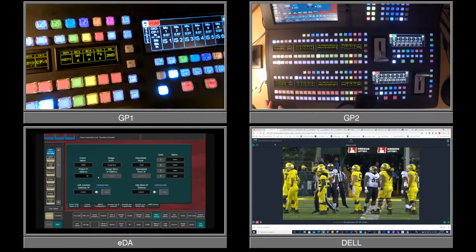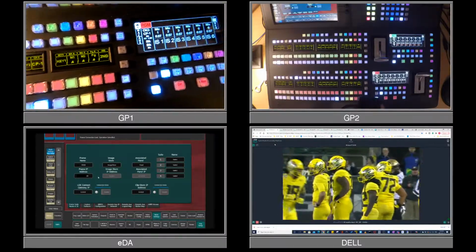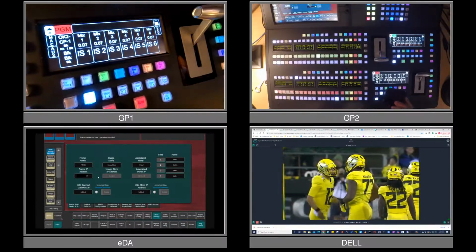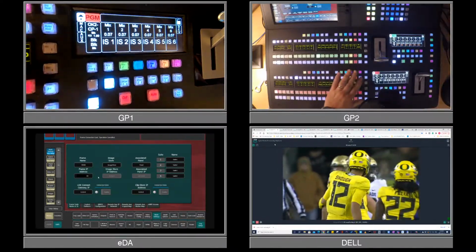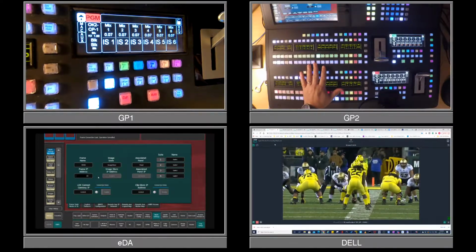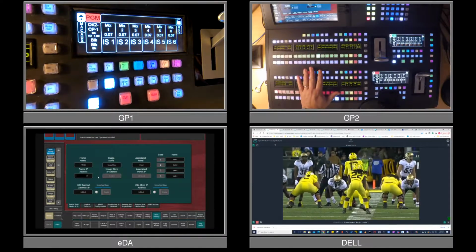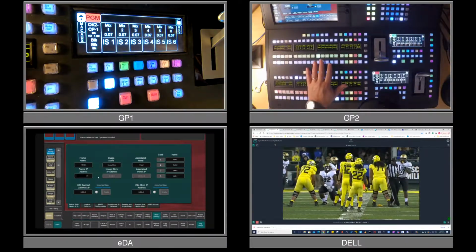What we have, though, in the upper left-hand corner is a GoPro taking a look at my close-up of my Corona panel here in Akron, Ohio. The upper right-hand quadrant is an overhead shot of that 2ME Corona panel so that as I work moving forward in this demo, you'll have a good idea as to where my hand is located.